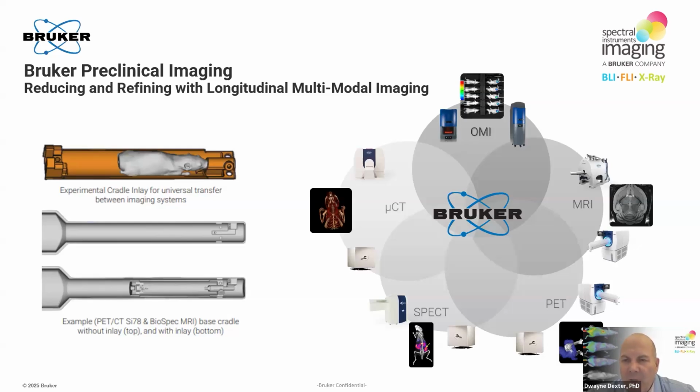So where one can use one readout, I'll talk principally about bioluminescence and fluorescence here in a second, using early detection methods to identify disease progression, then using something that has a much higher resolution or a different type of readout to further understand the disease.